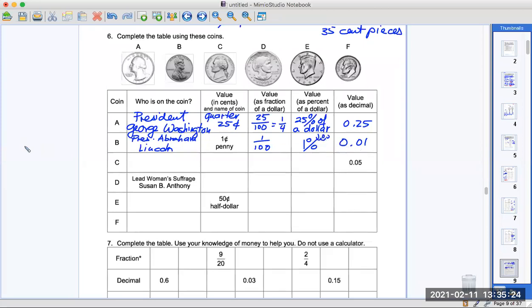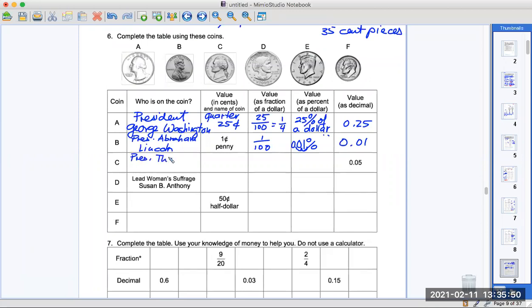Oh, wait, the other way around. Got to go to the left when you change it from a percent to a decimal. So you can put some zeros in front and go 1, 2. That's how you count that, okay? And then we have the nickel. This one is President Thomas Jefferson.